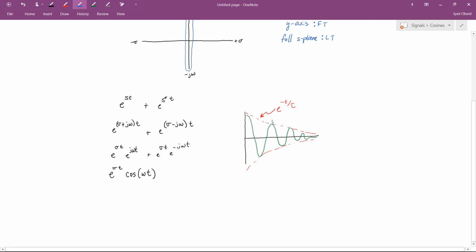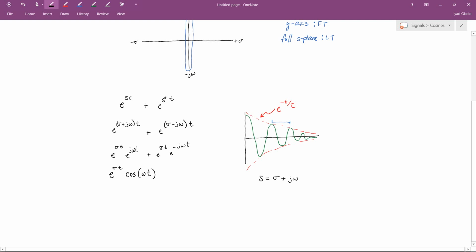So what I want you to realize is that when we're dealing with something like the Laplace transform, we have s. s has sigma plus j omega.